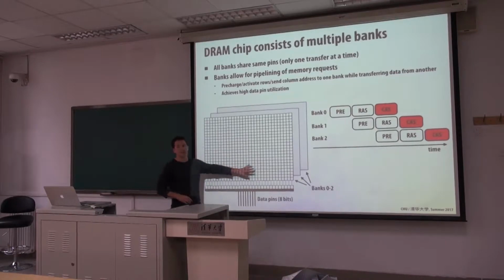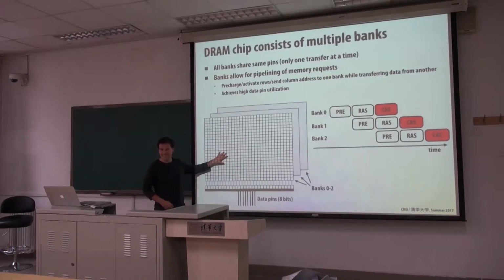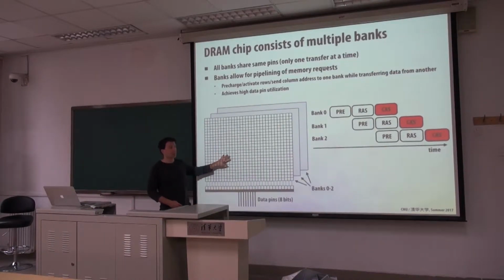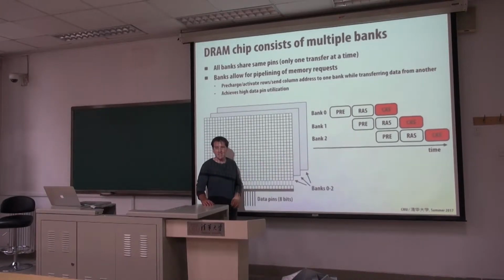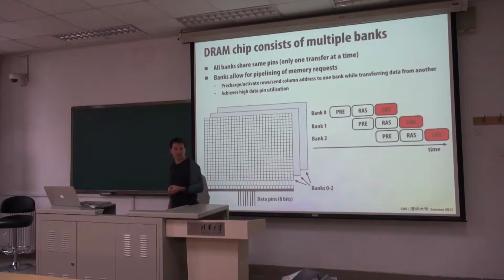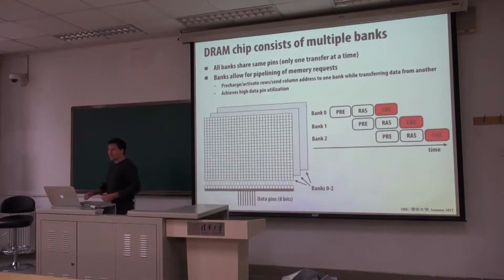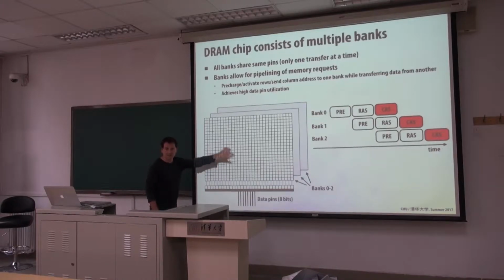If the smallest unit of storage is a DRAM array, then we make multiple DRAM arrays that we call banks that can be accessed in parallel. And then this is a DRAM chip. A DRAM chip has multiple banks.